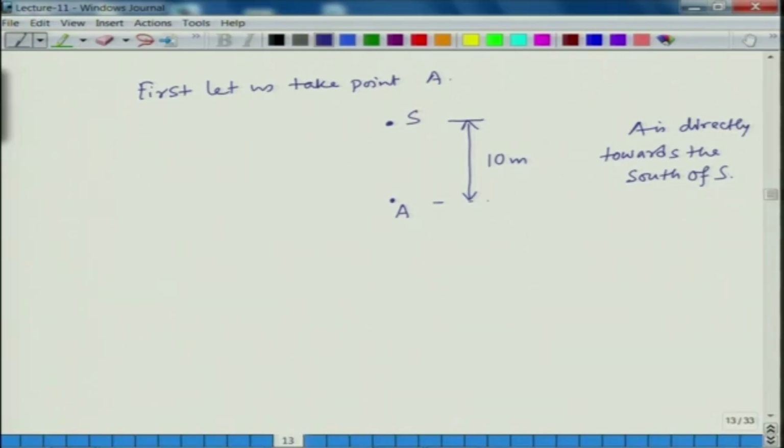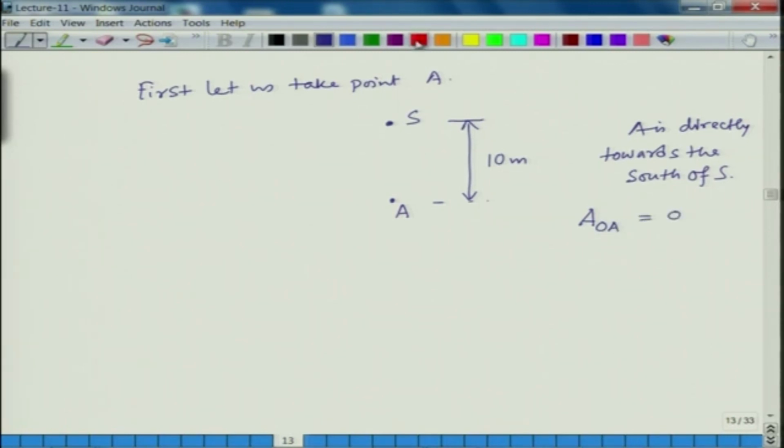So, if it is directly towards the south, what can we directly say? That the azimuth angle will be 0, right. So, what we can write? That the azimuth of the object which is at A will be 0.